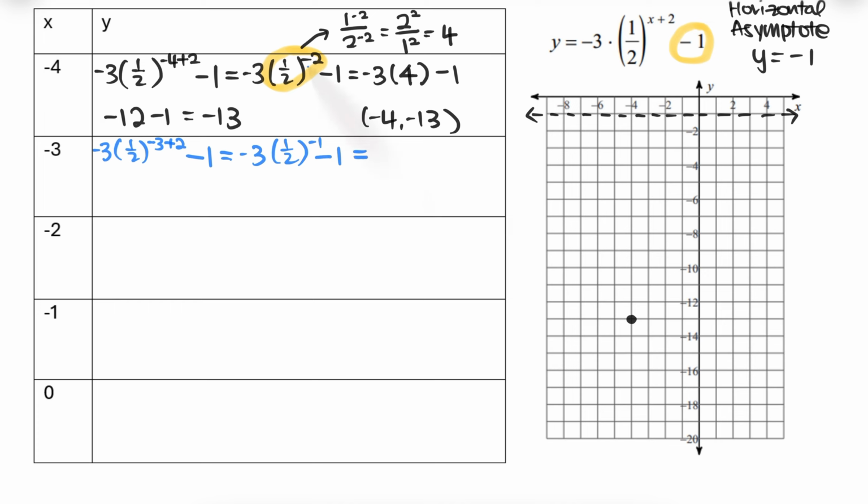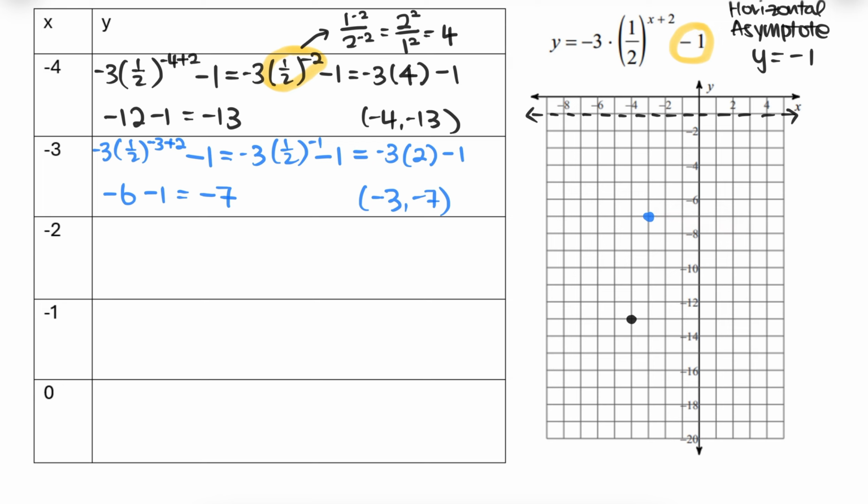Before, we flipped it over and we squared. For this one, we just have to flip it over. So -3 times 2 minus 1. So that gives me -6 minus 1. That gives me -7. So your ordered pair should be (-3, -7). (-3, -7) is right here.